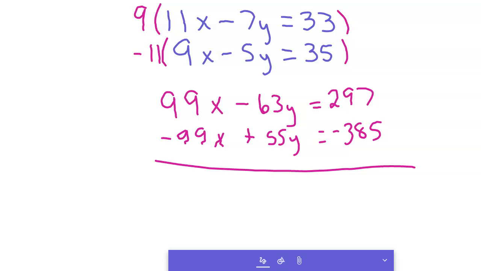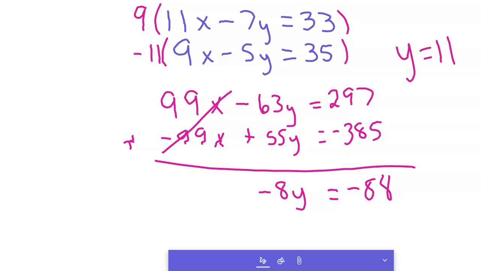Add those two equations together now. The x's cancel. Negative 63 and positive 55 is negative 8y. Then 297 minus 385 is negative 88. And so y is equal to 11.